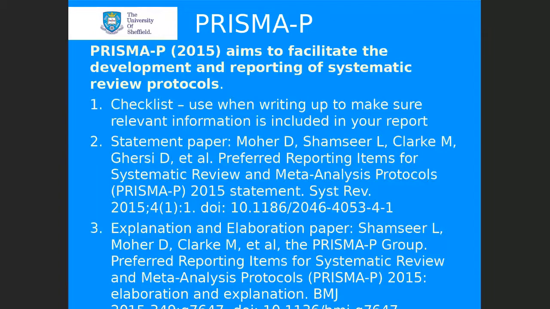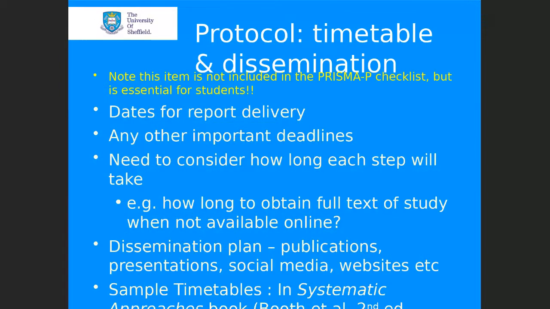But then there is a statement paper outlining the requirements and why they've been chosen, and then an explanation and elaboration paper to actually help in the implementation of the reporting standards.